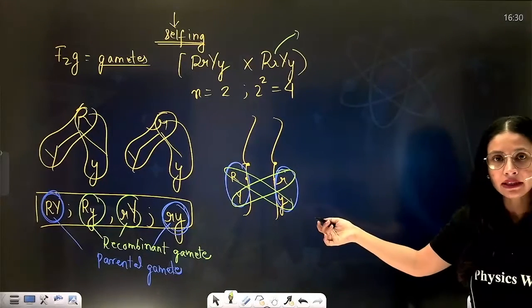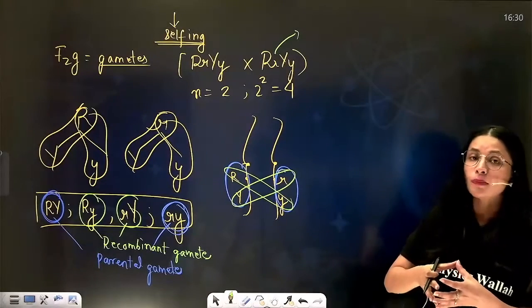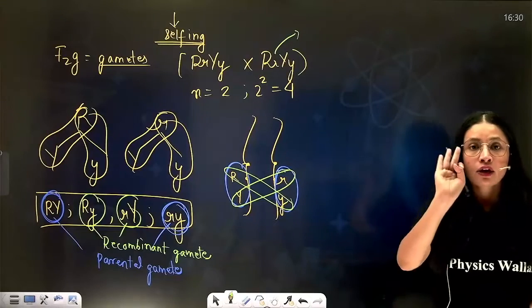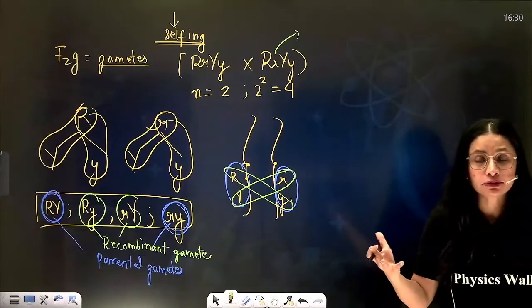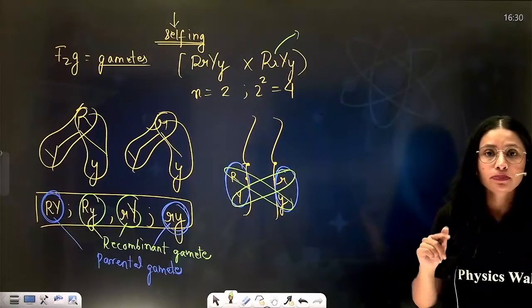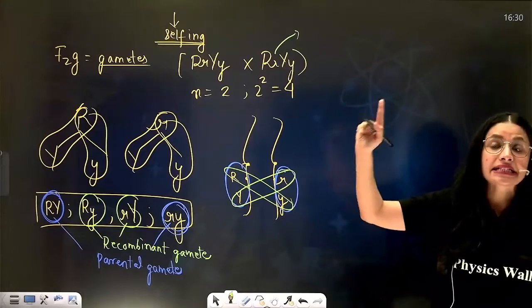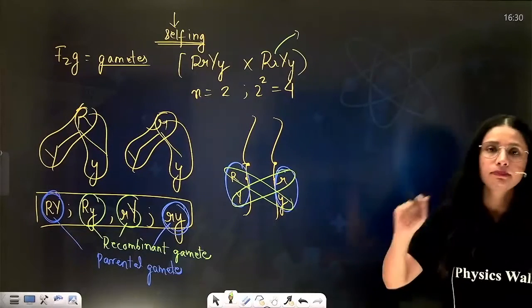Now crossing will take place. All these gametes will mate to fuse with each other to form the zygote. Now, how many gametes are there? 4. Correct? So how many types of offspring can you expect? 4 to the power 2. That means 16 combinations of zygote are possible.